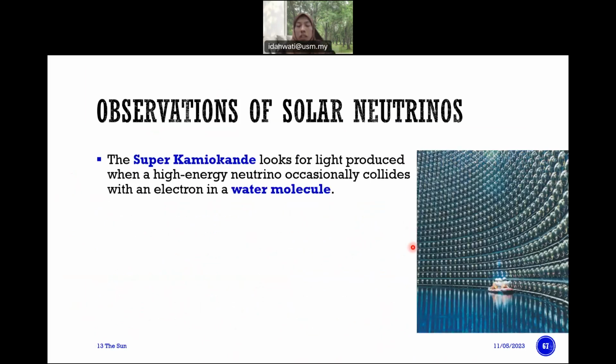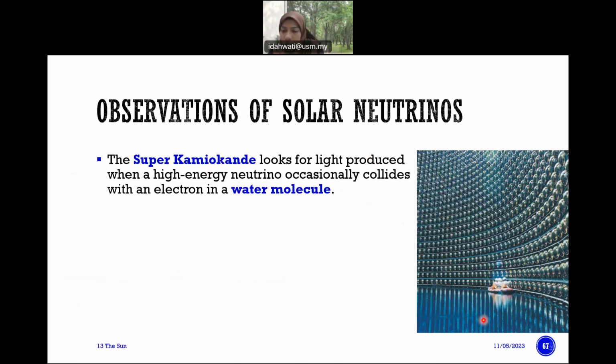And we have Super-Kamiokande, which looks for light produced when a high-energy neutrino occasionally collides with an electron in a water molecule. For example, you can see this figure.